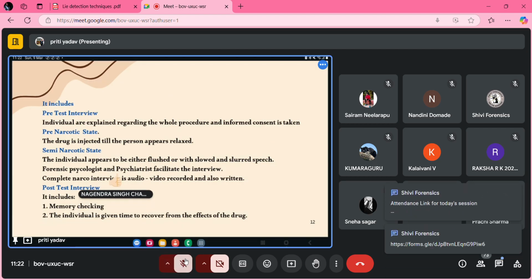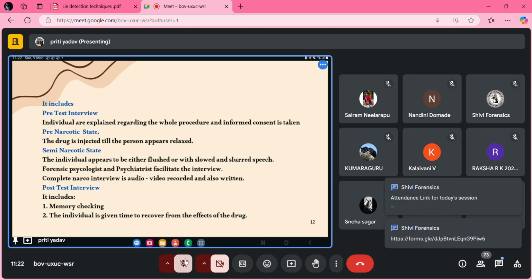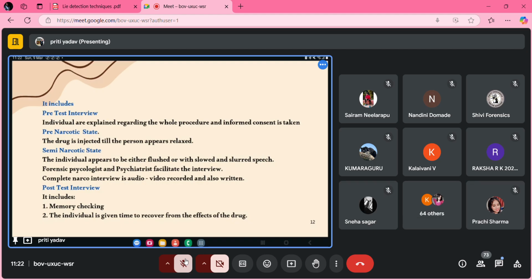Okay. So narcoanalysis consists of four phases. The first phase is the pre-test interview. In this, the individual, who can be a suspect or witness or may even be an accused, will be informed about the narcoanalysis and the side effects of the drug.